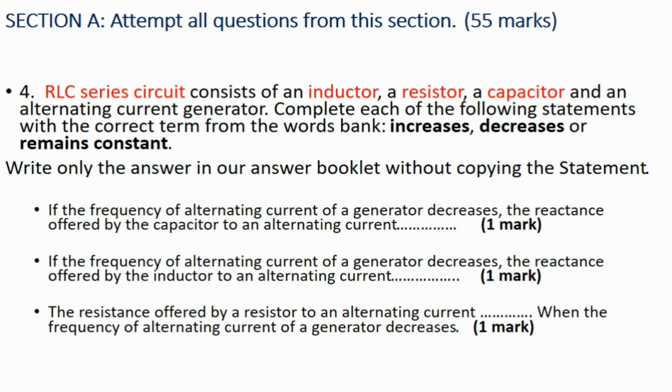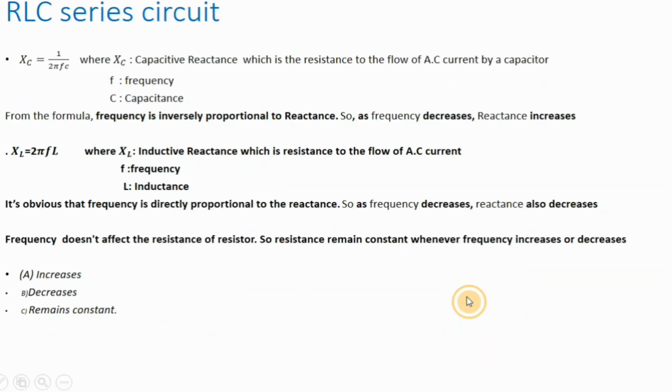To know that, we have to know the relationship between the resistance of a resistor and frequency. As you see here, the frequency will decrease. So we are going to see, is there any relationship between resistance and frequency?